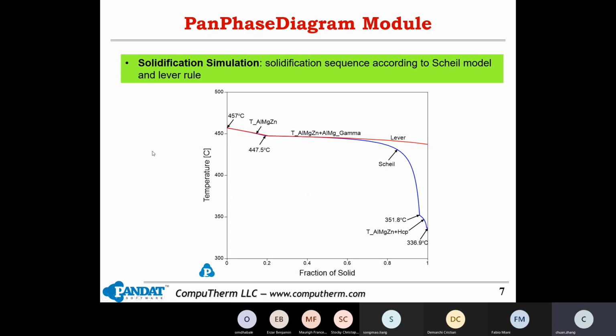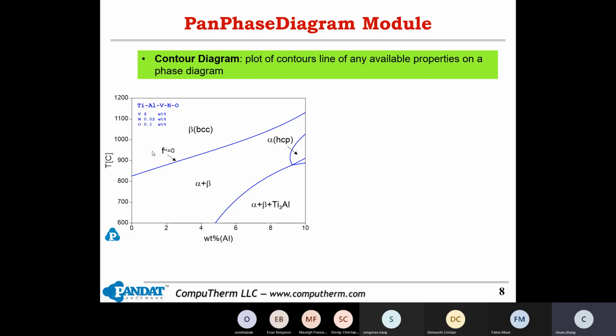In the Pan phase diagram module, another unique feature is that we can plot contour lines of all kinds of available properties on the phase diagram. For this diagram, I use a titanium-aluminum-vanadium alloy as an example, with minor additions of nitrogen and oxygen.